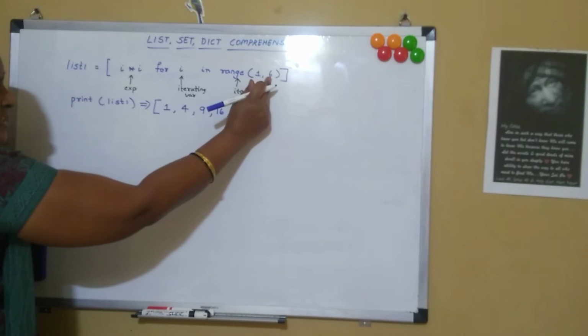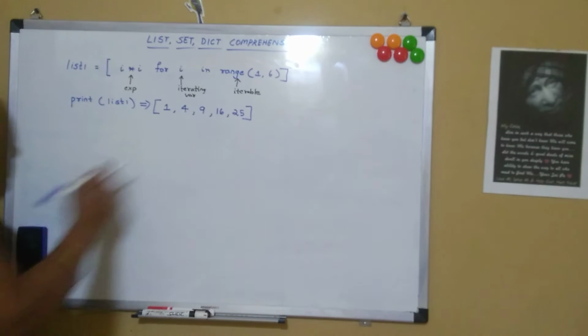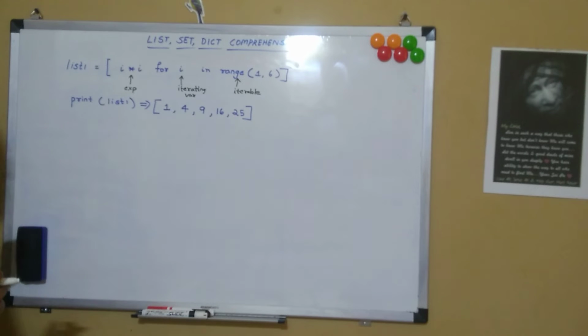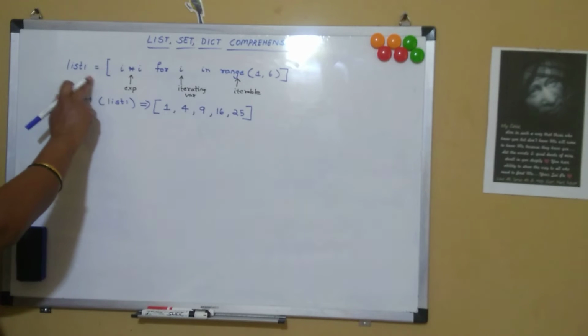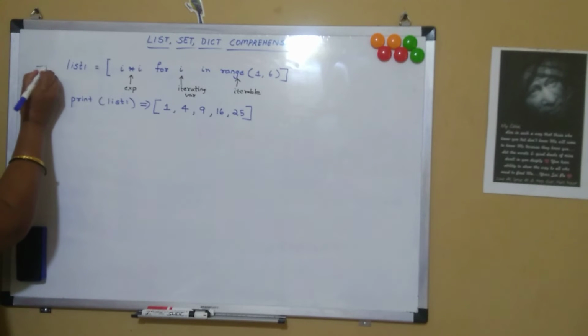It won't consider 6, the ending value. It will consider the ending value minus 1. So it will range from 1 to 5. So we get the squares of the numbers from 1 to 5. So this is an easy and compact way of creating a list.